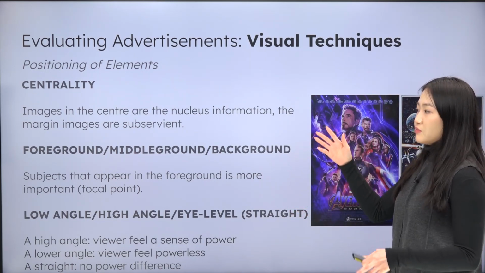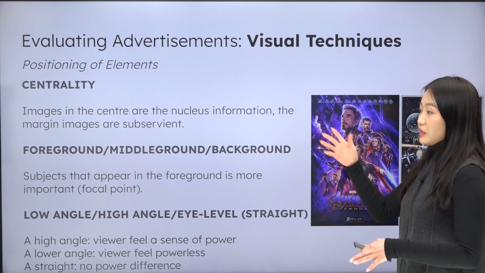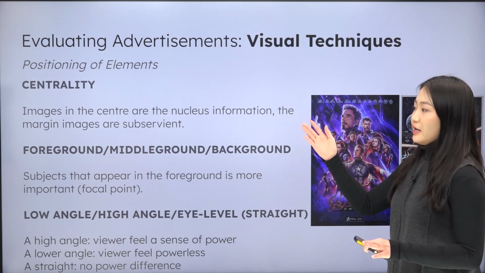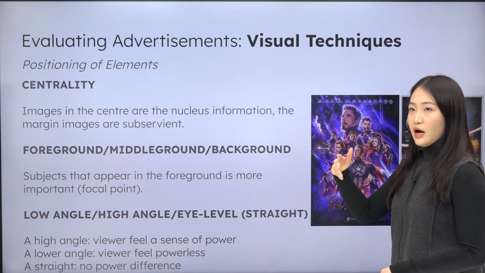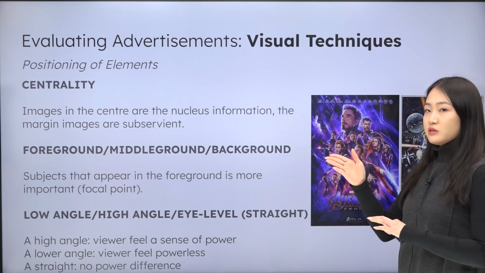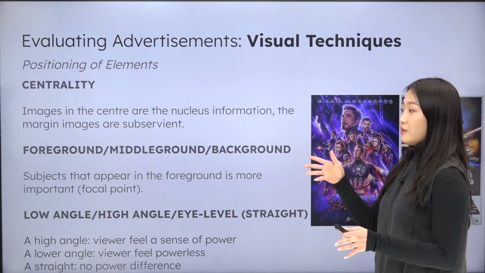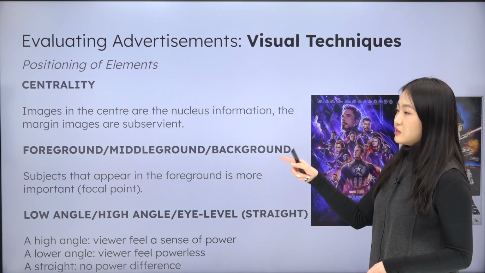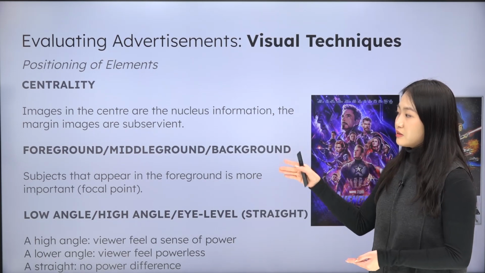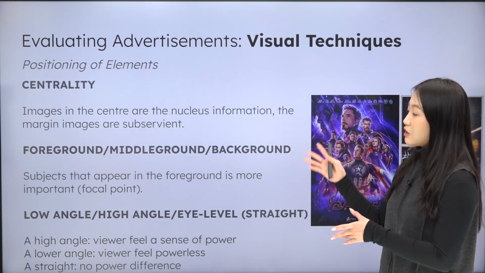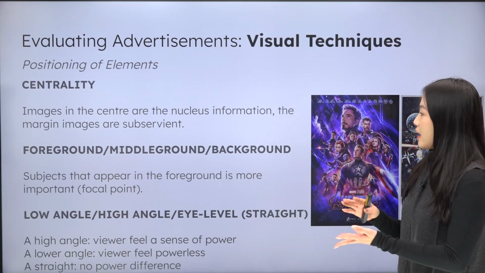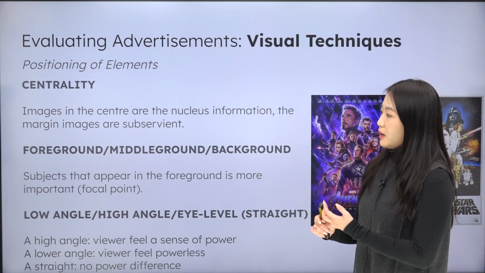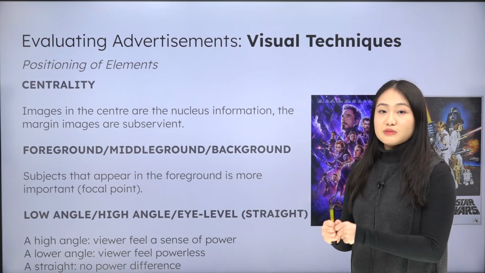Middle ground is, like it says, in the middle, but it is still important enough to be seen, and it usually supports what's in the foreground. Background is usually not very important, still kind of contributing to the advertisement by color or by a backdrop that pulls the advertisement together.